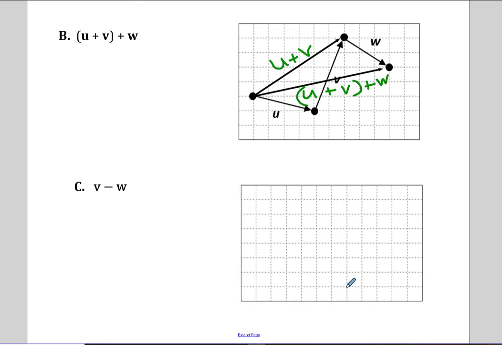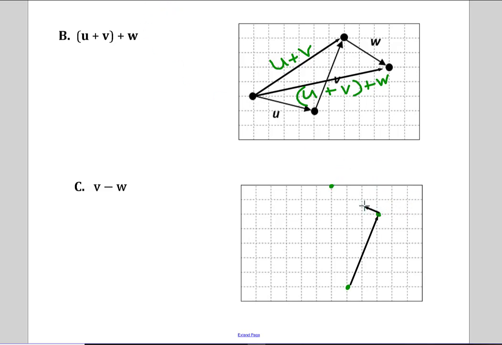So I've got to draw v, 5 up and 2 right. So there's v. And then w was 2 down and 3 right. But we want to go the opposite direction because it said subtract w. So we want to go 2 up and 3 left.